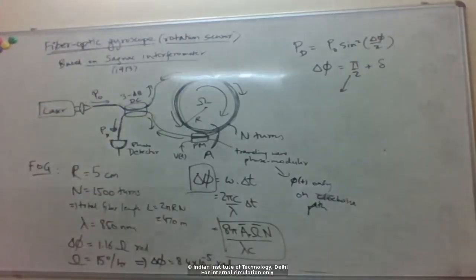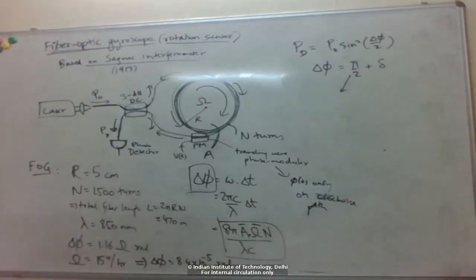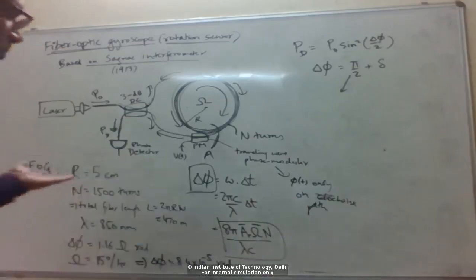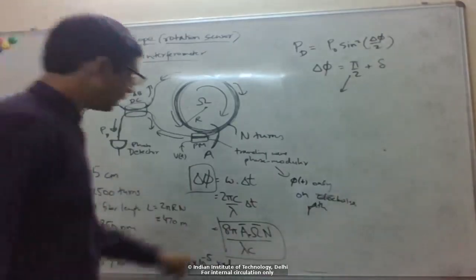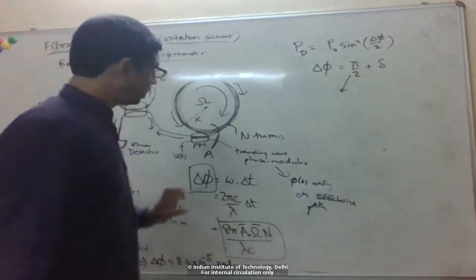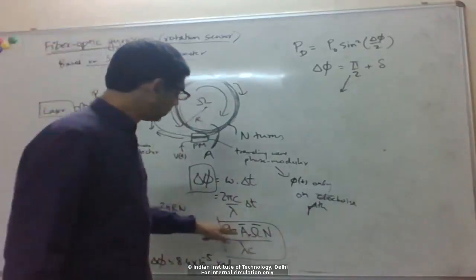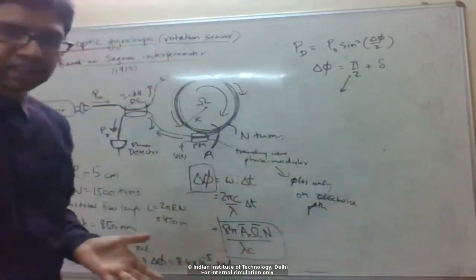That's why this formula is remarkable, even for very small rotation velocities. This rotation, omega times r, as we saw, is much less than c.